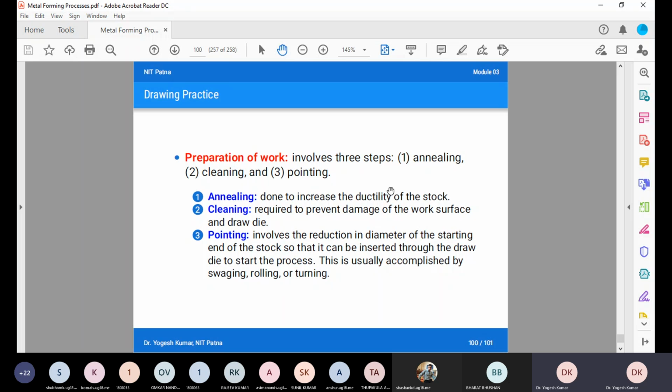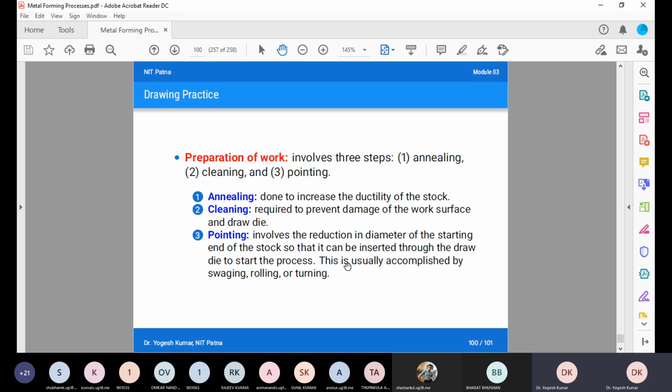Annealing is done to increase the ductility of your workpiece. Then we have the second step, cleaning. Cleaning is required to prevent damage of the work surface and draw die. Then we have the third point, pointing, which involves the reduction in the diameter of the starting end of the stock so that it can be inserted through the draw die to start the process.